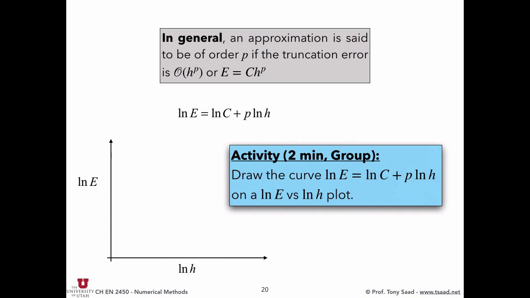Who got the lower curve? Come on, I saw some of you do it. Okay, thank you, Jeff, for being upfront about it. What about the upper curve? Okay, nothing. What about the straight line? Okay, so why is it a straight line?